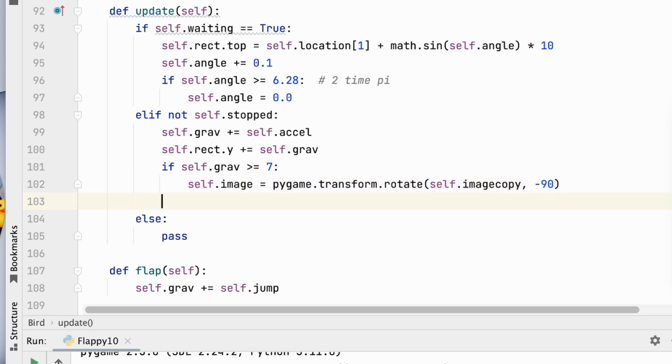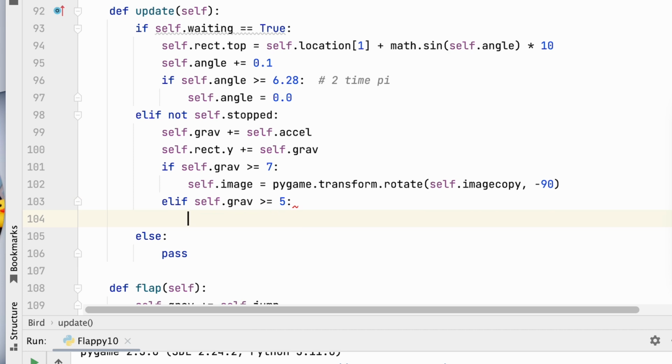We are also going to check if self.grav is greater than or equal to 5. This means it's taking a nosedive, but it hasn't fully taken a nosedive yet.